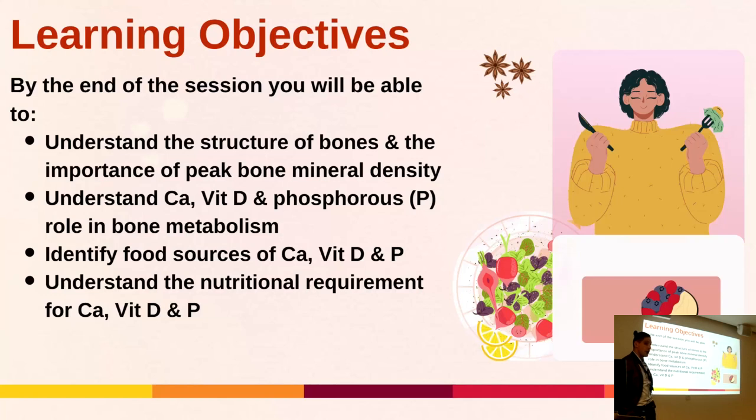I'm also going to talk about calcium, vitamin D and phosphorus and their role in bone metabolism. I'm going to talk about different dietary sources of calcium, vitamin D and phosphorus, and the nutritional requirements associated with those particular micronutrients. So that's what we're going to talk about today.